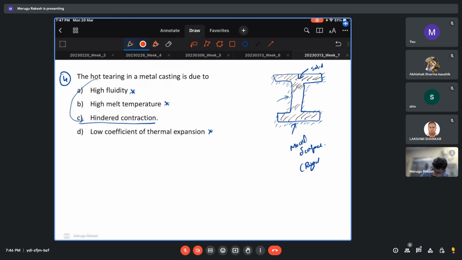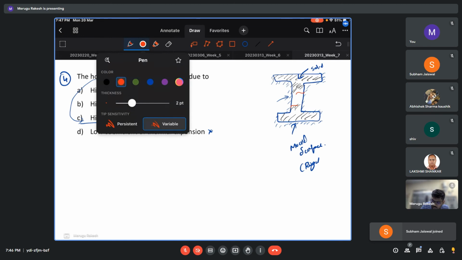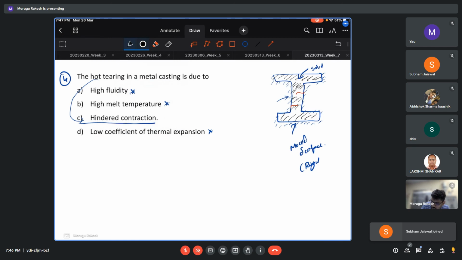Here we still have some liquid. So this complete body tries to contract in this direction, and this one tries to contract in this direction, so we have weak portions here and here, where there is a chance of tearing of the casting.